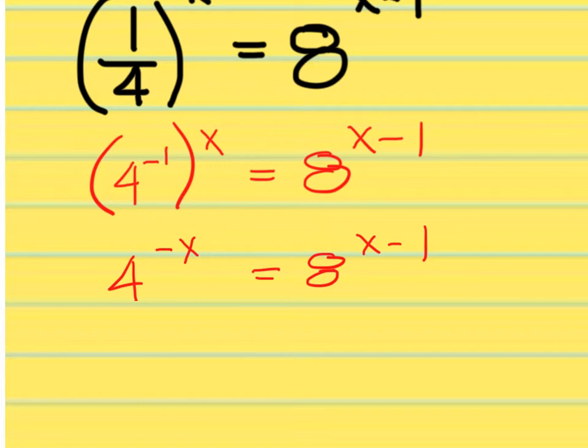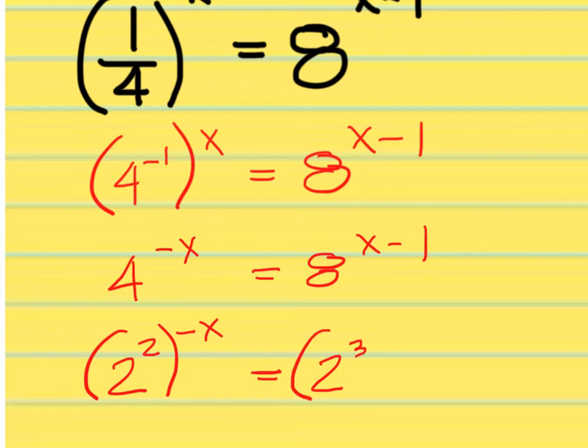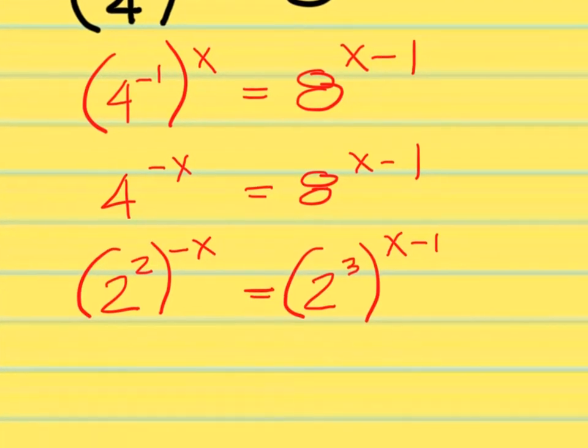But now we can rewrite that 4 as a base of 2. 2 to the second power is 4. Over here with the 8, 2 to what power is 8? 3. So 2 to the third power we will write in place of 8 and keep the x minus 1.